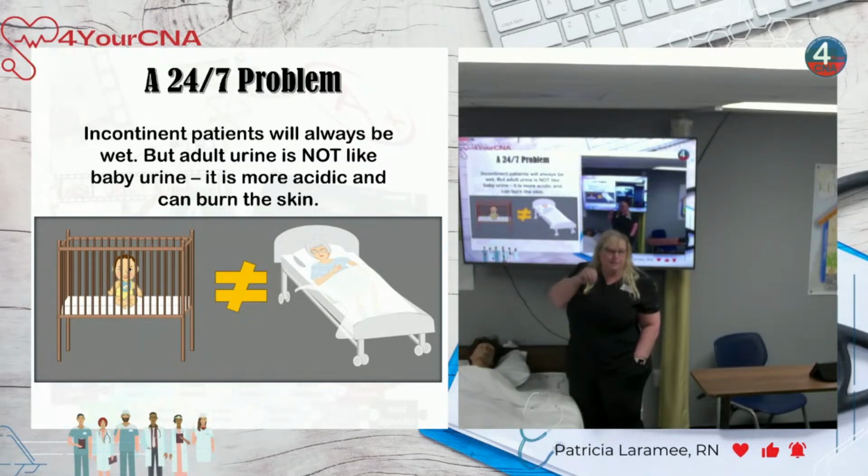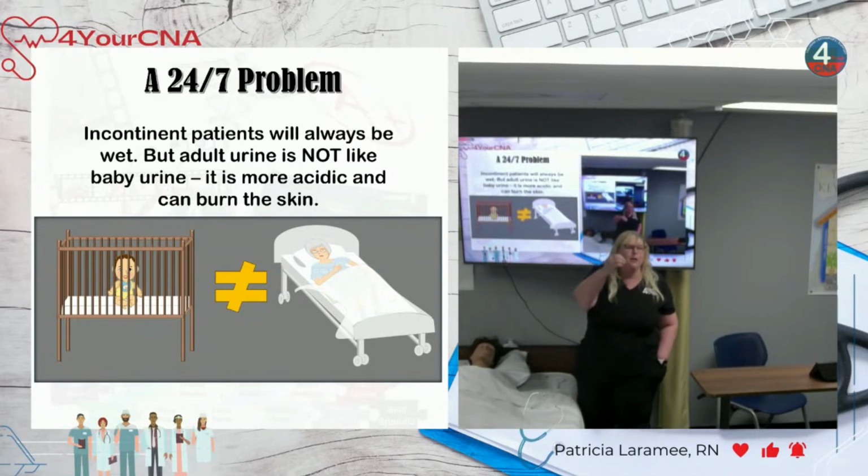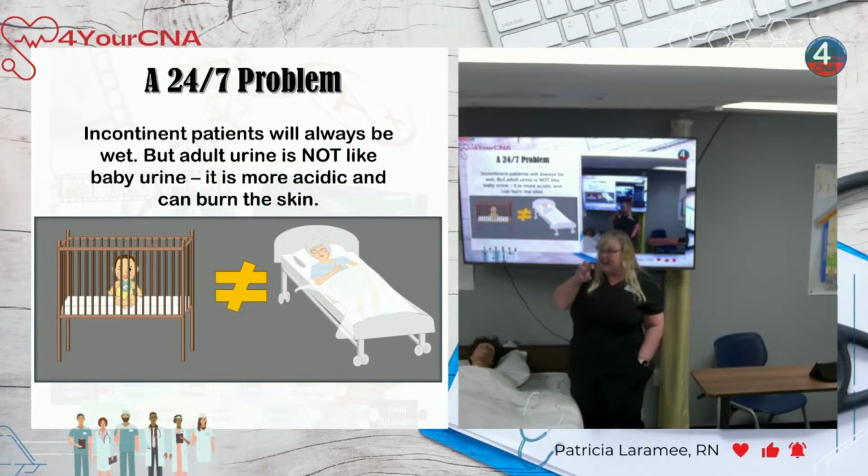And that's because babies are eating very mild foods, things that aren't acidic. The acid level of your urine is dependent on what you eat and drink. Now, as adults, we eat and drink acid all the time. It makes food good. So that acid gets excreted in our urine. So adult urine, very acidic.